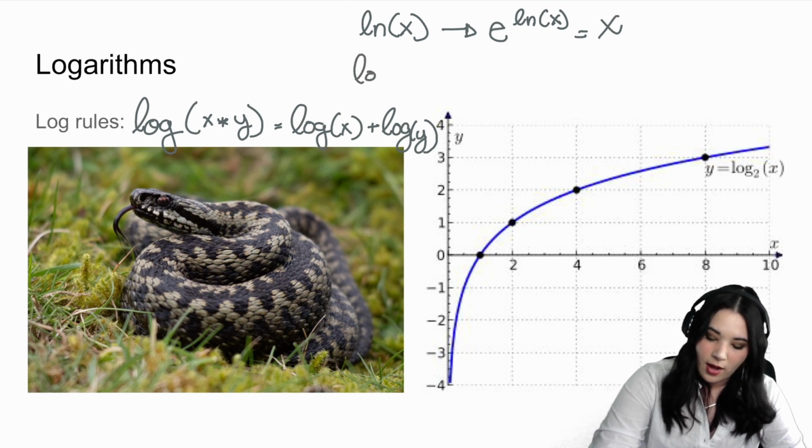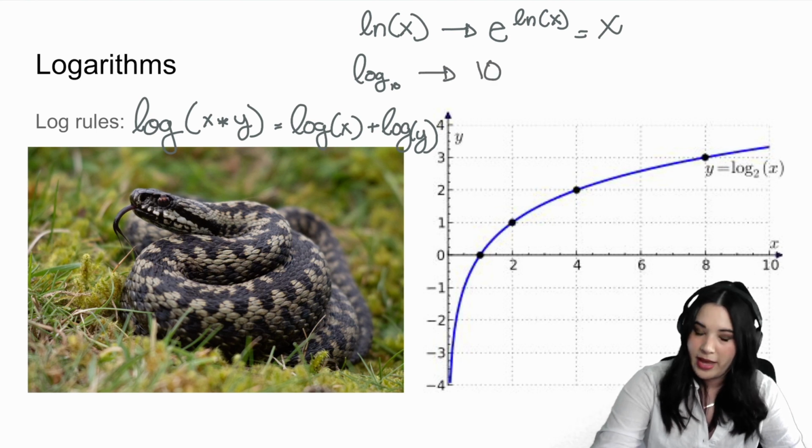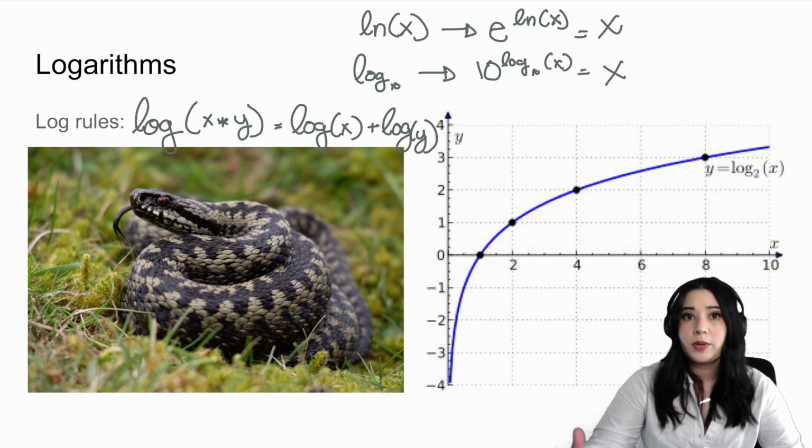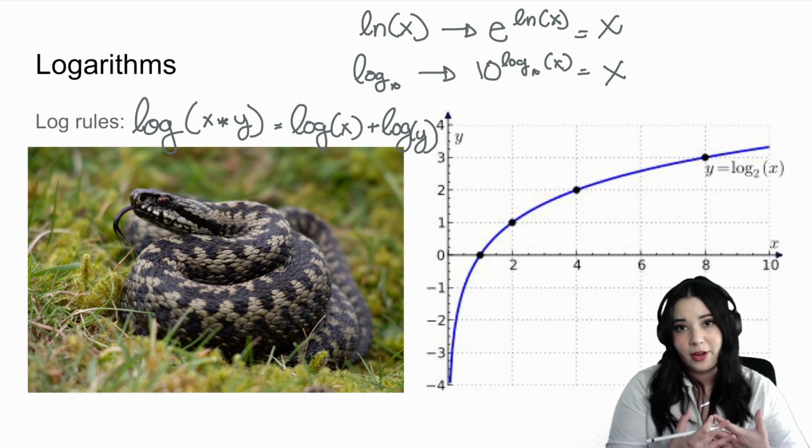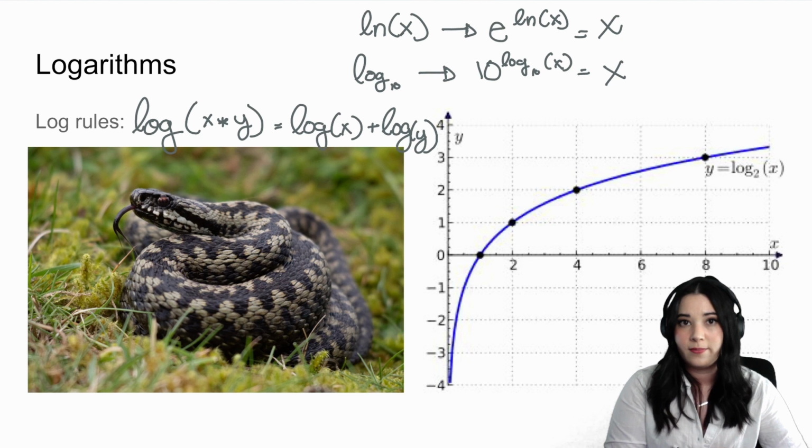Similarly, if we have log base 10, then we can say 10, the base, to the power of log base 10 of x, that also equals x. So again, logarithms, exponents, opposite, so when you apply them together, you're undoing the logarithm.